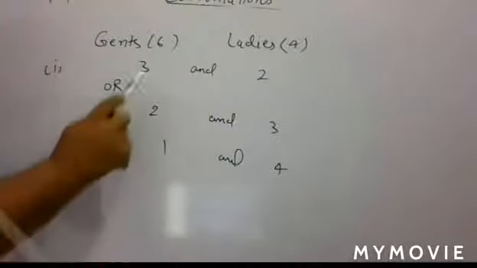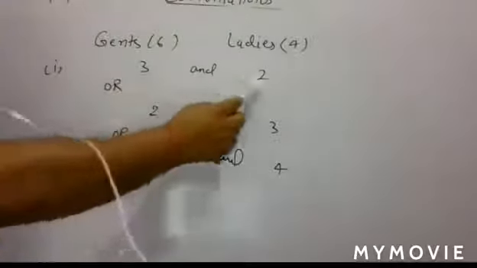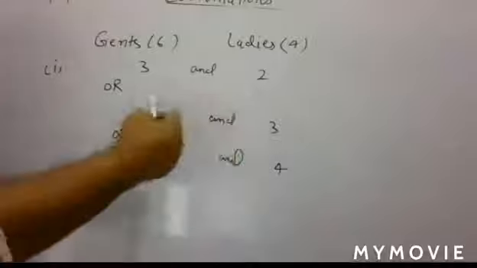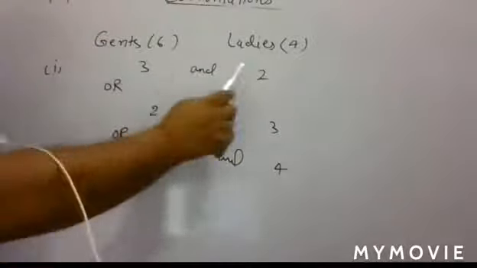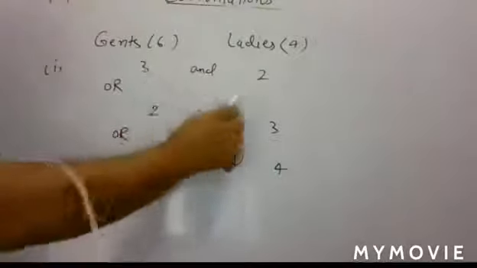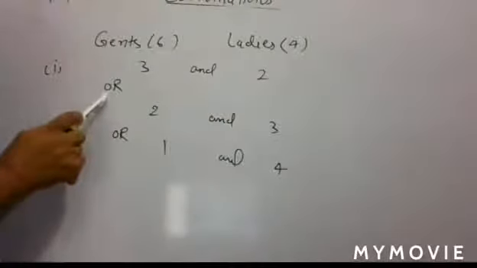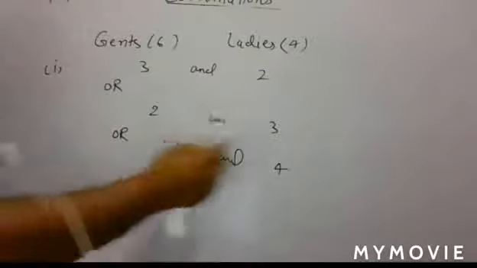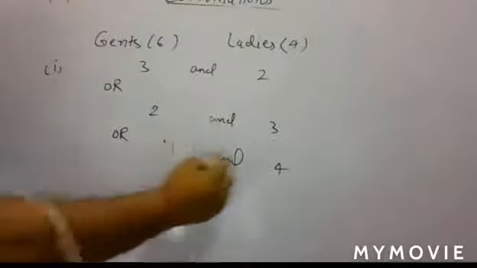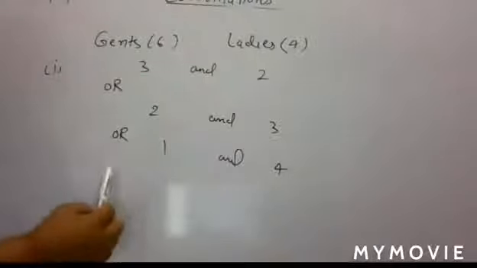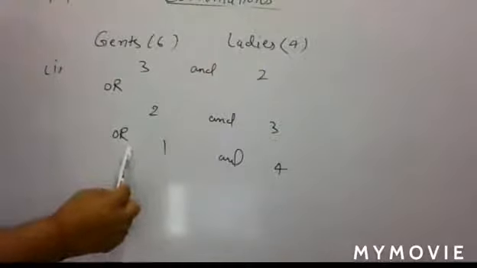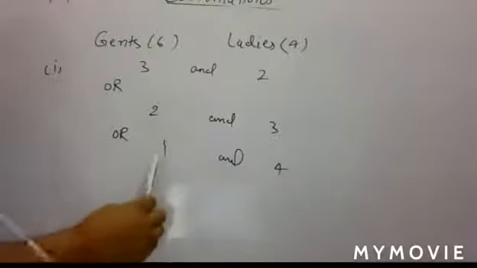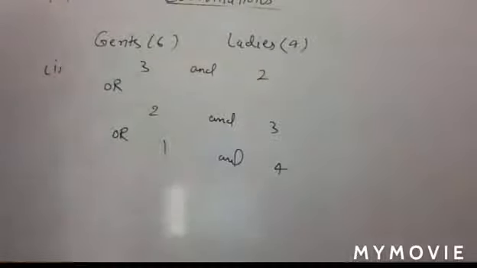Just see here: if you are taking 3 gents and 2 ladies, the word AND is between these two selections, so you multiply the two selections. Here you have OR, which means plus, addition. So you take the product within each case, and add across cases, multiplying the selections for 1 gent and 4 ladies as well.